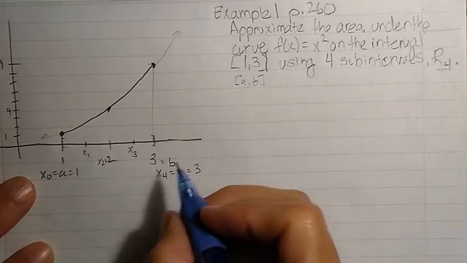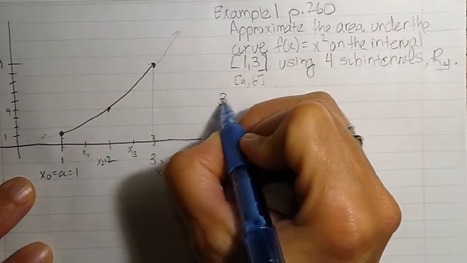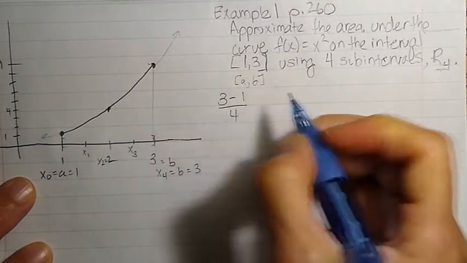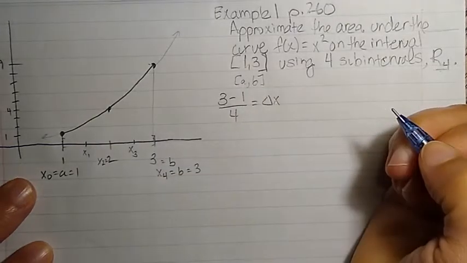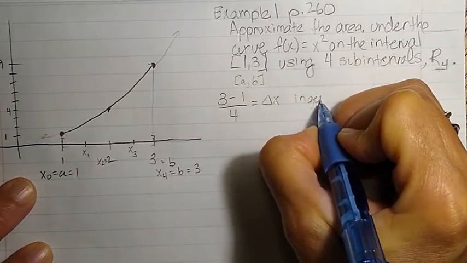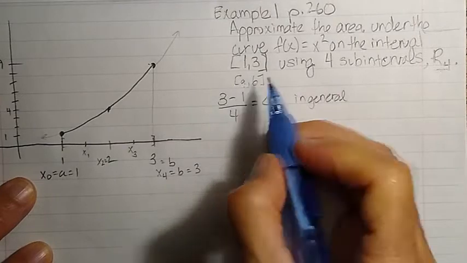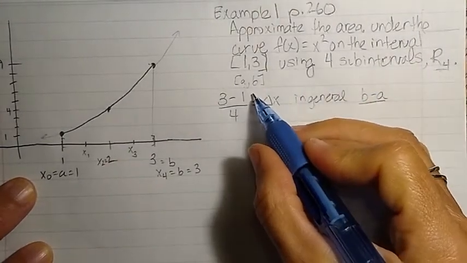And so in this example, what we do is we take the length of the entire interval and divide by the number of subintervals, which is 4. And that's going to give us what we're going to call delta x, the length of each subinterval. In general, we'll take the length of the entire interval, b minus a, divide by the number of subintervals we want.